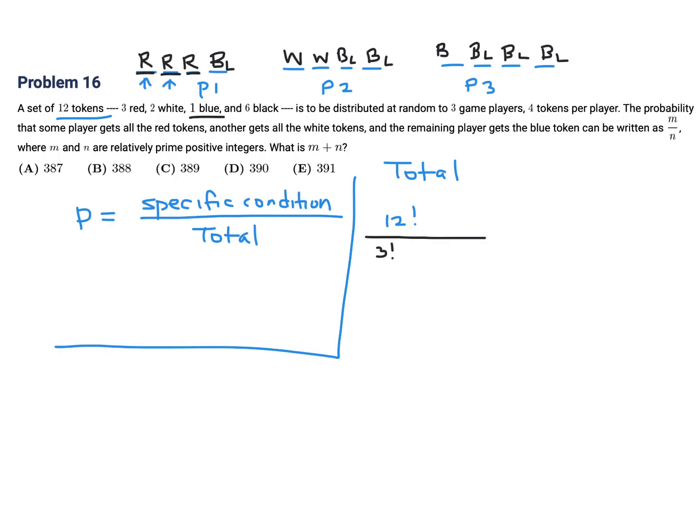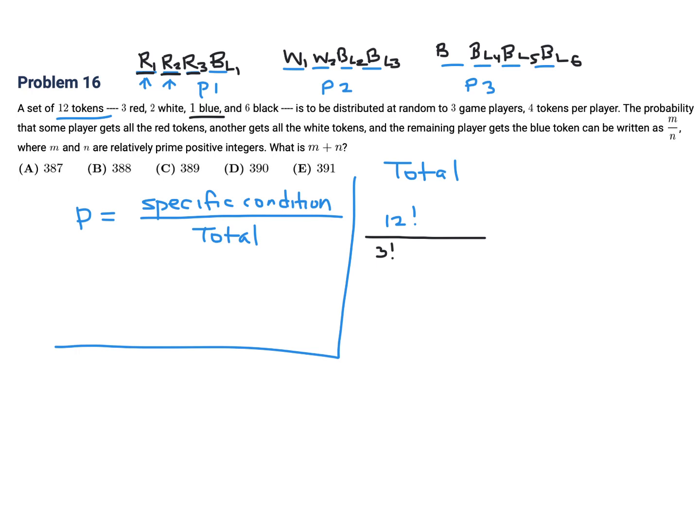They're the same color, but they would be R1, R2, R3. I can even put that in there, just to illustrate that they are indeed different. W1, W2. For the blue, there's only one, and then we can put 1, 2, 3, 4, 5, 6 for the black tokens.